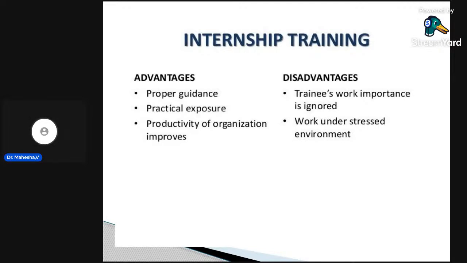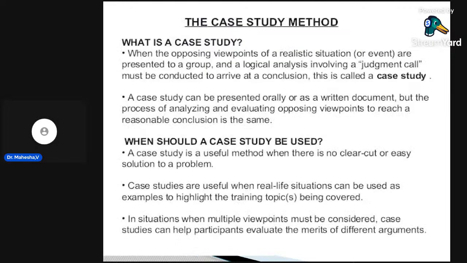Advantages: proper guidance, practical exposure, productivity of the organization will improve. They can go for internship. Certain disadvantages are the trainee's work importance is ignored, and work under a stressful environment. When working under the internship, they need to bear certain risk or stress.